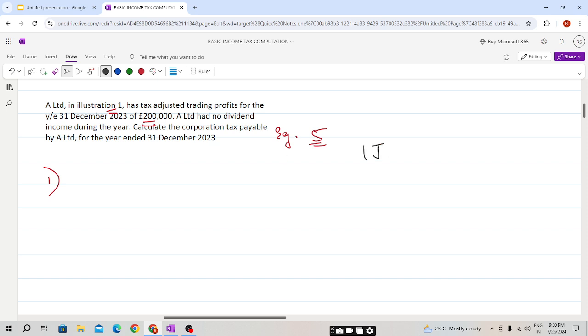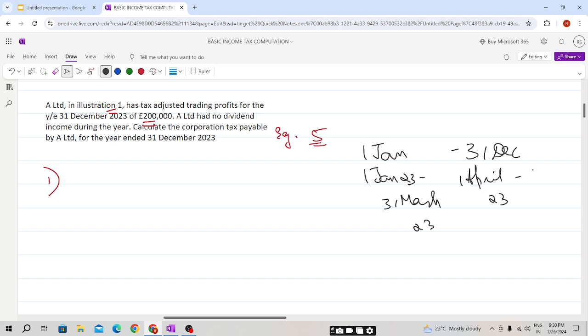So it is from 1st January till 31st December, students, and this includes the straddling part, that is 1st January 23 to 31st March 23, and 1st April 23 to 31st December 23. So FY23 and financial year 22. Now A Limited has no dividend income during the year.